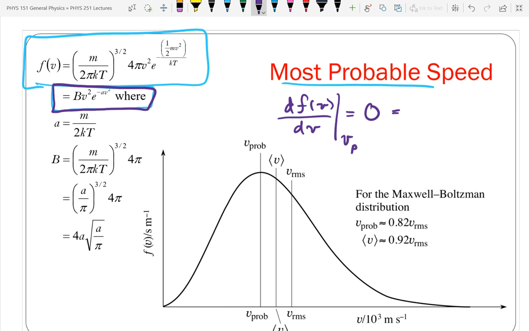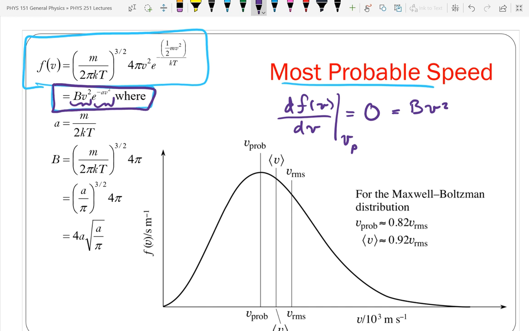Product rule. So the product rule, let's call the first part Bv squared, the second part e to the minus Av squared. So what's the rule for the product rule? A times the derivative of B plus the derivative of A times B. Okay, A times derivative of B, so the A would be Bv squared, times the derivative of e to the minus Av squared.